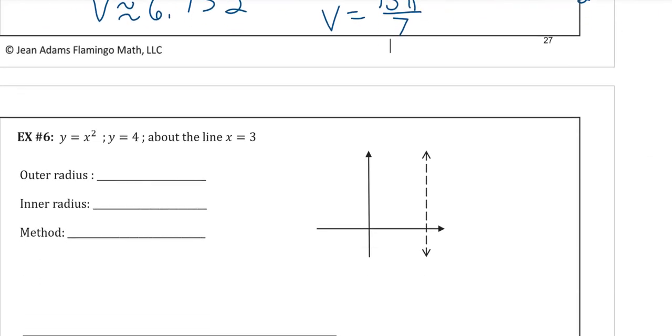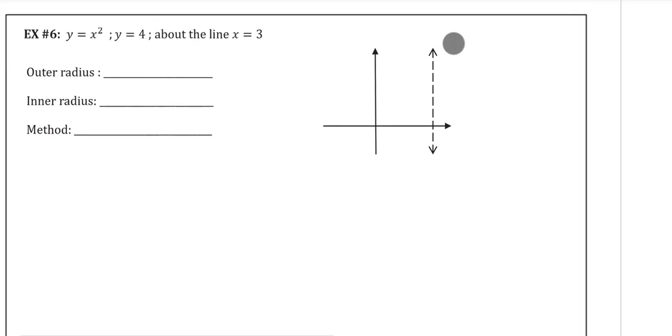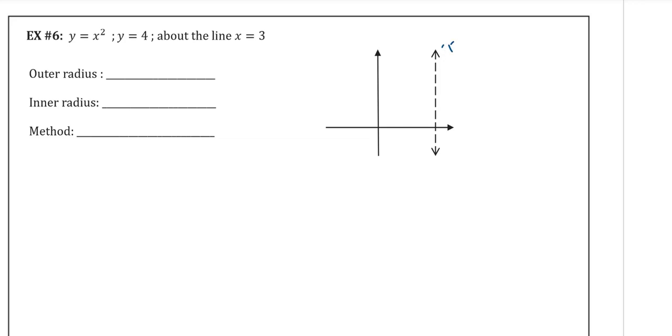Okay, next problem. This is one where we are not using our calculator. So we are supposed to use the equation y equals x squared, y equals 4, about the line x equals 3. So the nice thing is for this one, we do have a picture. Here is x equals 3. This is our line of revolution.